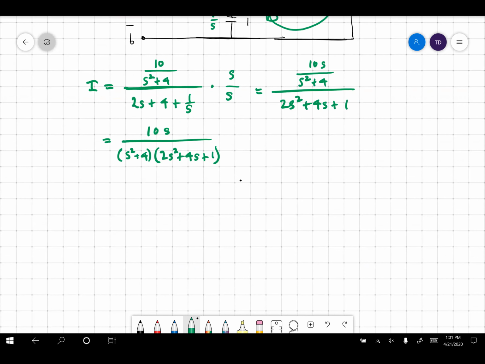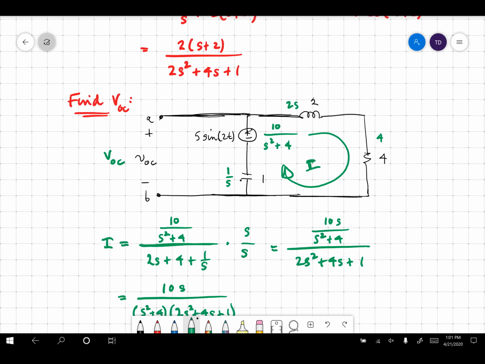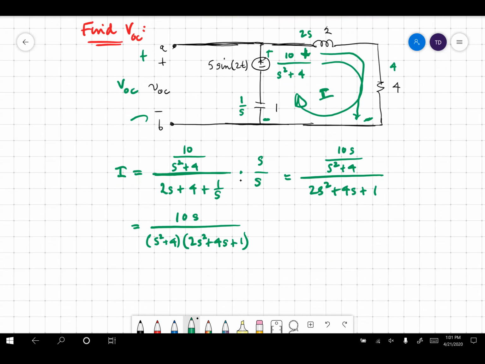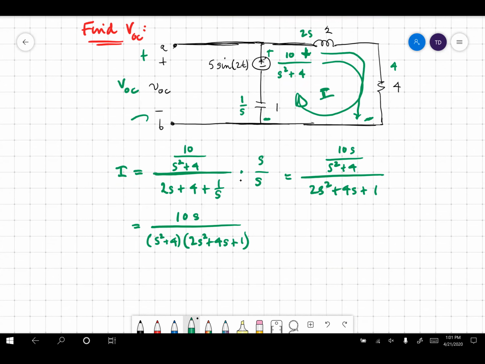Notice back in this picture, the voltage from here to here is the voltage across the source, and it's also the voltage from here to there. So it's nothing more than the voltage across the inductor and the resistor. And I'm going to use that because that voltage is I of S times 2S plus 4.